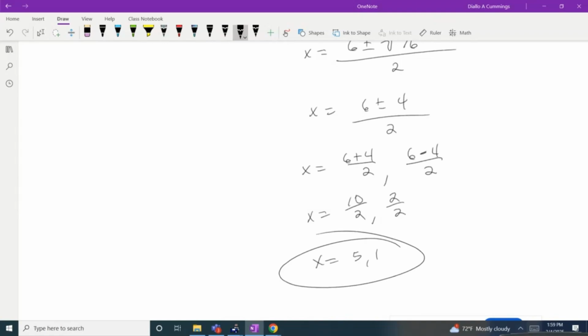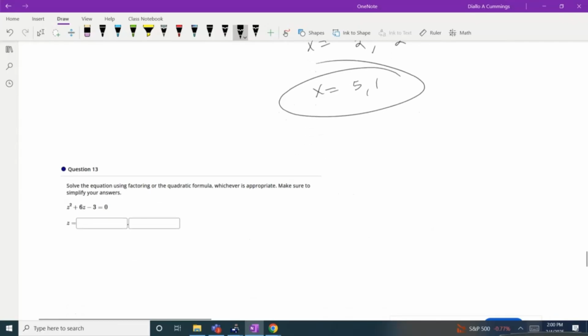So we get the same 5 and 1. All right, so regardless of what the question asks you to do, I would only use the factor method and the quadratic formula.